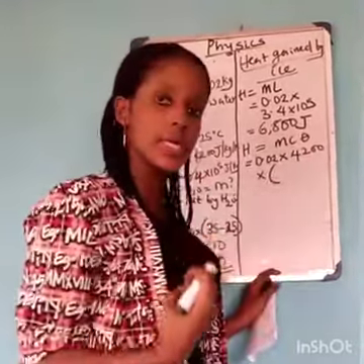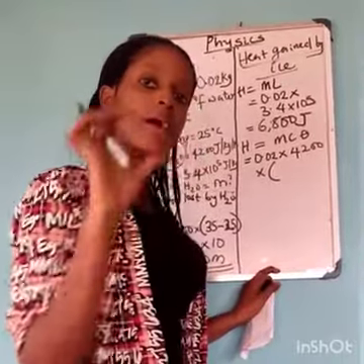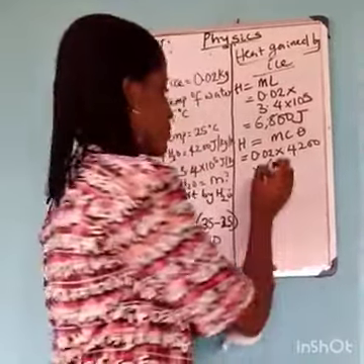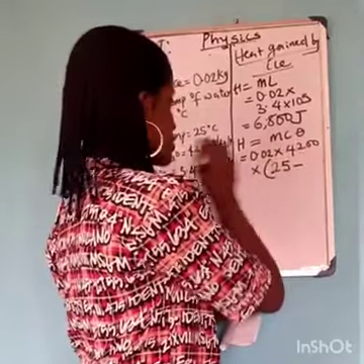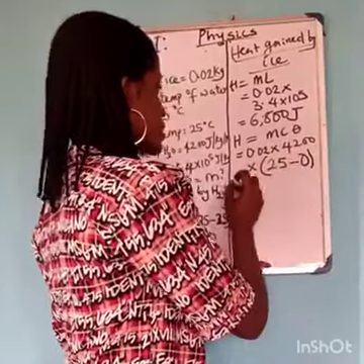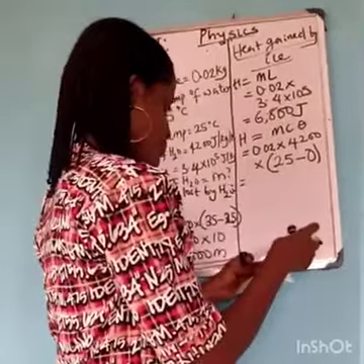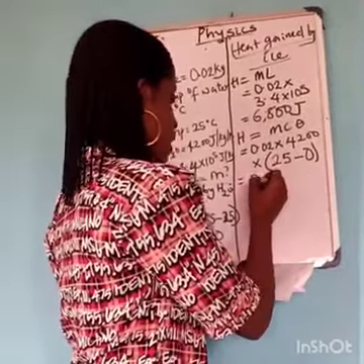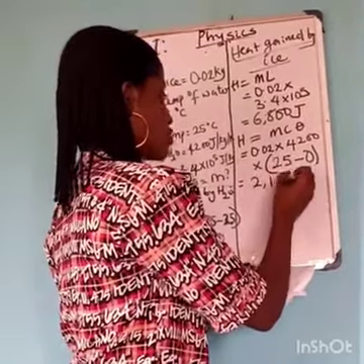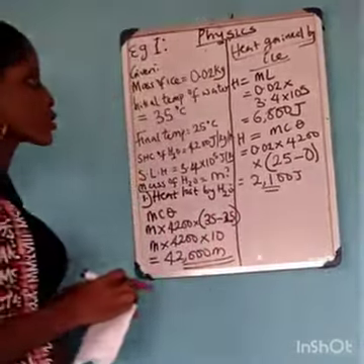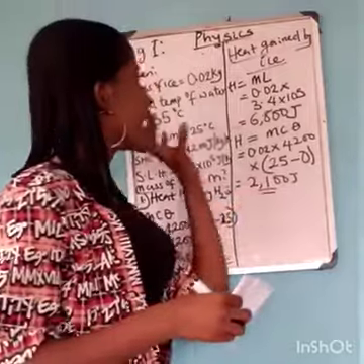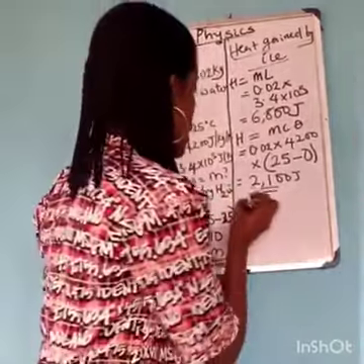It is gaining heat, therefore it will now be final temperature minus the initial temperature: 25, the final temperature, minus the initial temperature, 0. Therefore, our answer will be 2,100 joules.